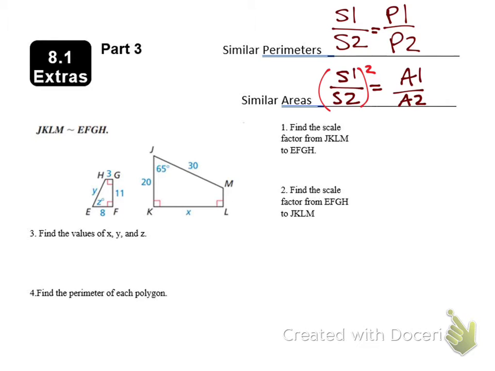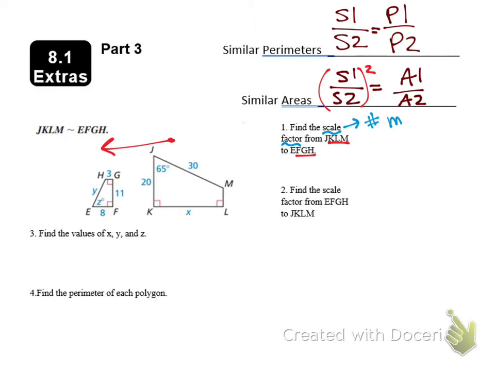So in this first one, we've got quadrilateral JKLM is similar to quadrilateral EFGH. So first we're going to find the scale factor from JKLM to EFGH. To find the scale factor, first off, what is a scale factor? Perfect.